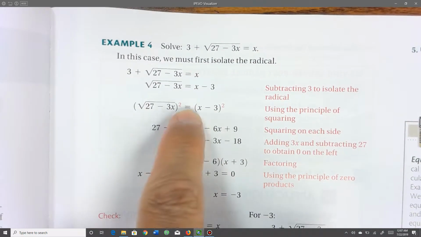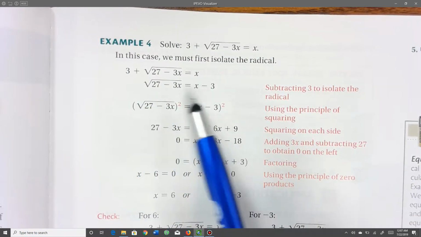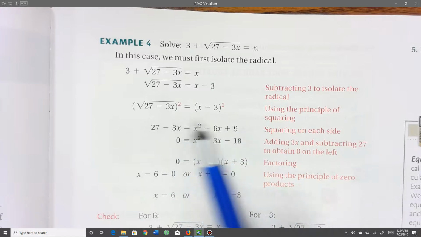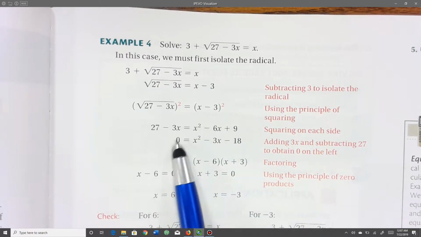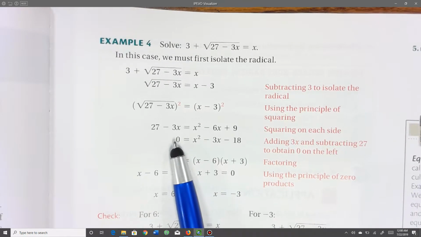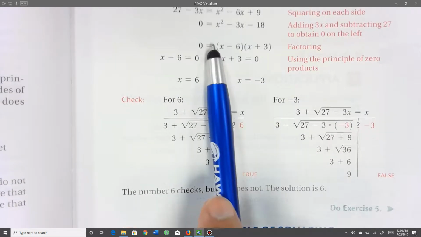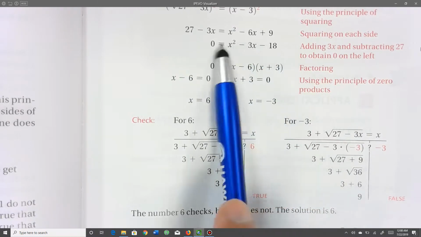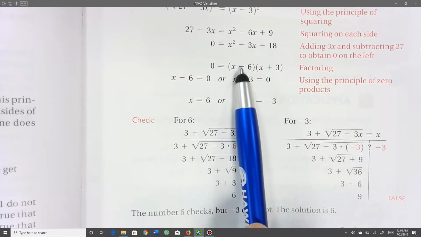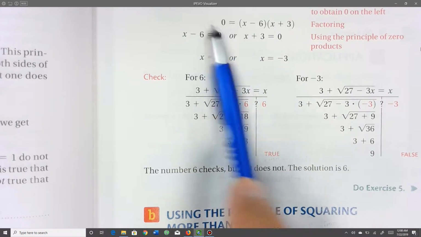Isolate the radical, square it, and then just combine like terms. Make one side equal 0. Combine all of your terms on the other side. We need that because we need to be able to factor at this point and get two factors.